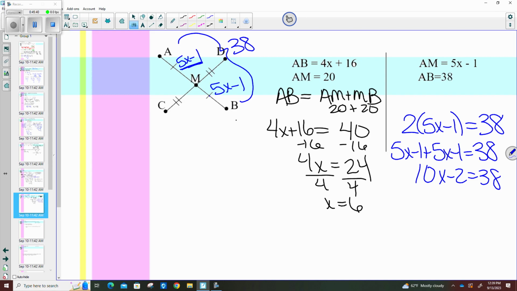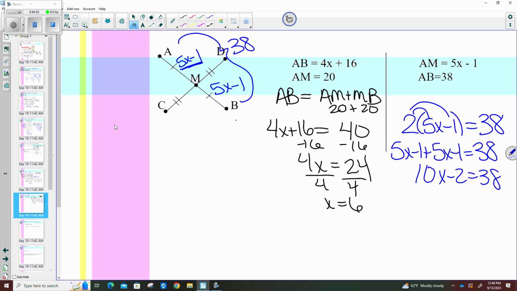Because if AM is 5x minus 1, MB is 5x minus 1. So we have two 5x minus 1s. It's two 5x minus 1s, right? And then we add our like terms, and we get to 10x minus 2. Or we distribute, and we get to 10x minus 2 equals 38.